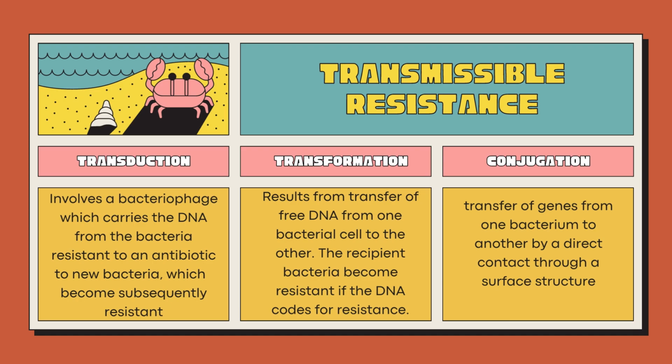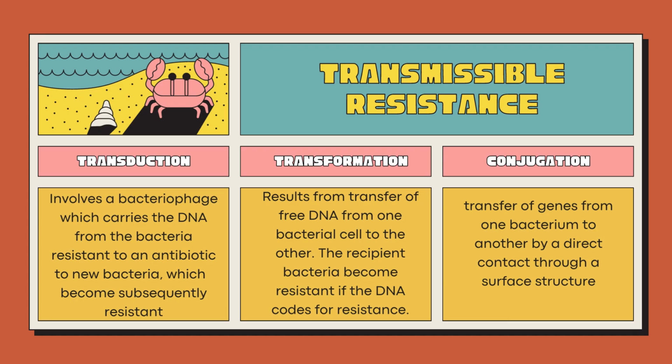The process occurs among both gram-positive and gram-negative bacteria. In addition, transformation results from transfer of free DNA from one bacterial cell to another. The recipient bacteria become resistant if the DNA codes for resistance.